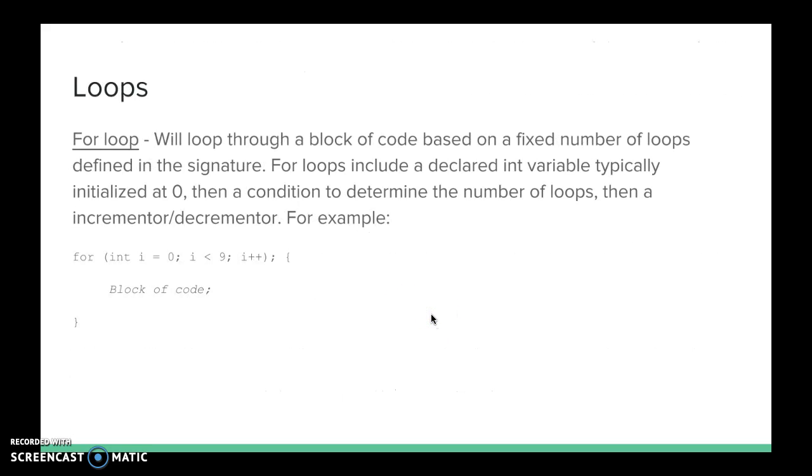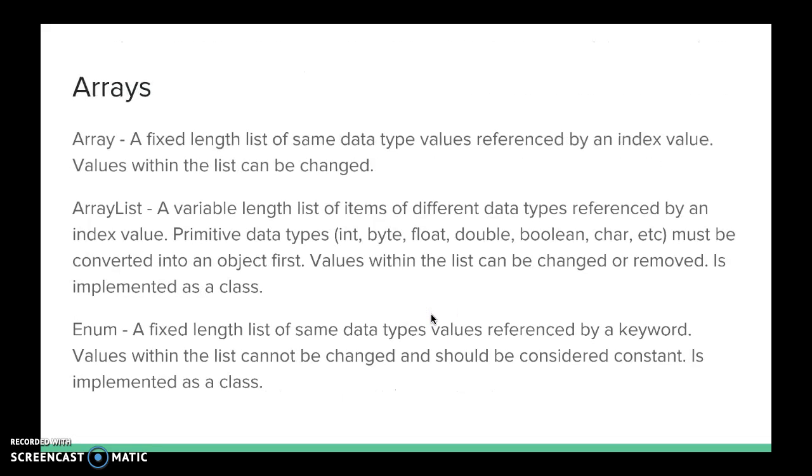Moving on, next we will be talking about arrays. Arrays in their basic form are just a list of items. We have different variations of arrays. To start off, a regular array is a fixed length list of same data type values referenced by an index value. Values within that list can be changed.